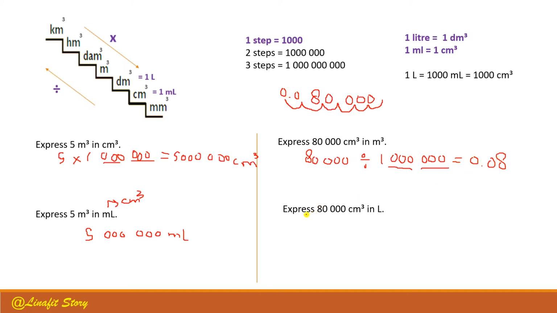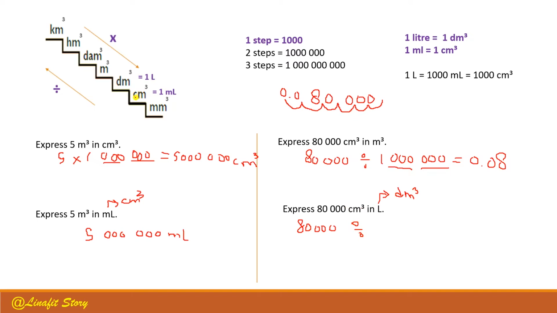The last one is express 80,000 cubic cm in liters. 1 liter is equal to 1 cubic dm. Cubic cm to cubic dm. Step up. So divide.